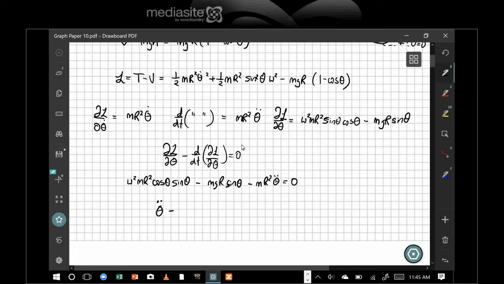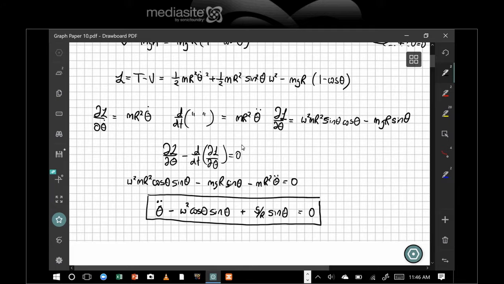And then we have omega squared, cosine theta sine theta, minus mgr sine theta. That's important. Equals m r squared theta double dot. Then let's just write this all on one side. Divide by m r squared.